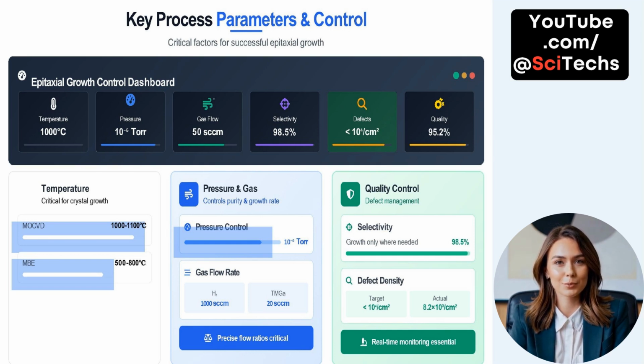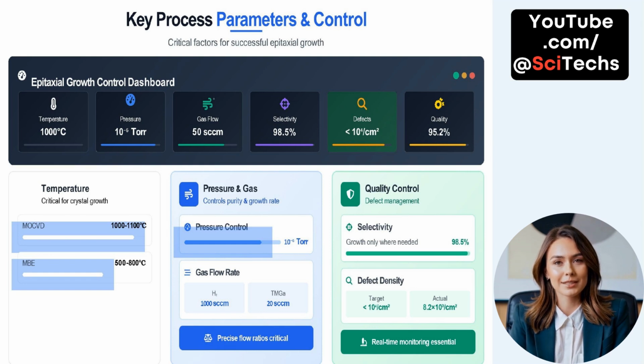Gas flow rate also plays a key role. For example, hydrogen may flow at 1000 sccm, while trimethyl gallium might be just 20 sccm. Maintaining precise gas flow ratios is crucial to achieving the correct stoichiometry. Selectivity, which ensures growth only where intended, must be tightly controlled.